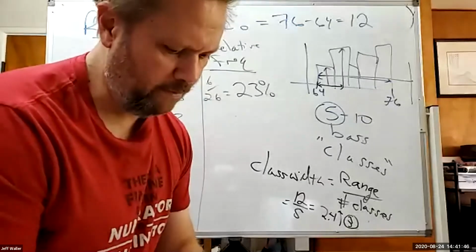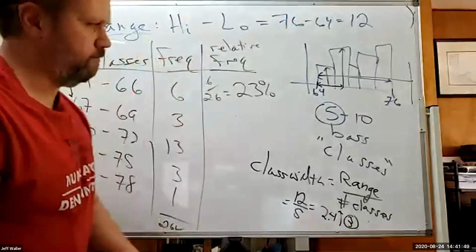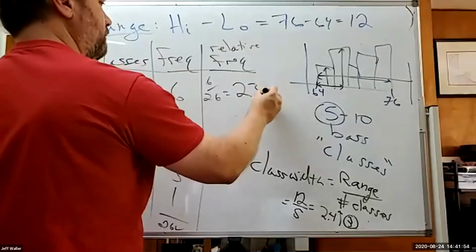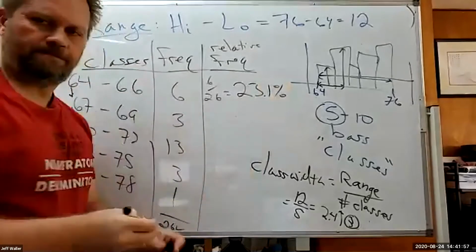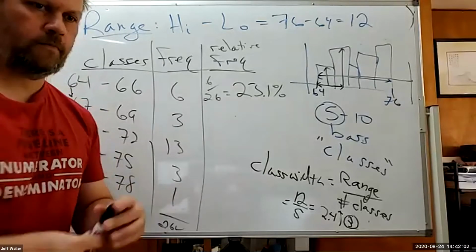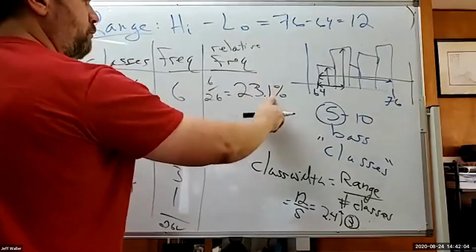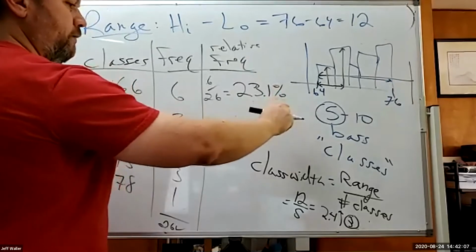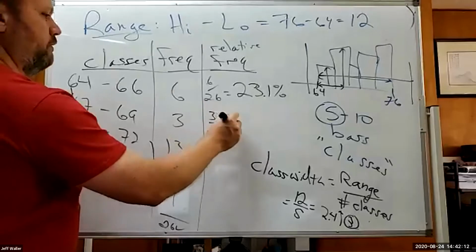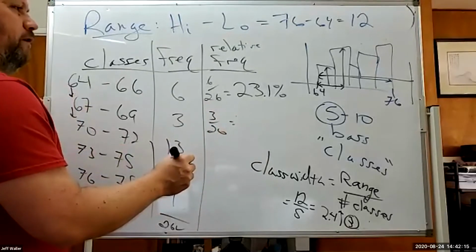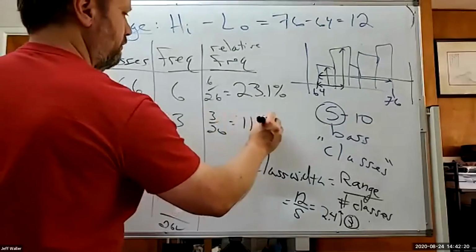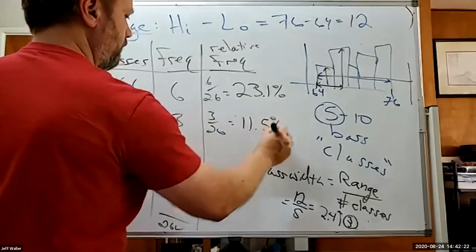So if you do 3 divided by 13, yes, okay, I like it. Now let's go one more decimal place. We're doing this by hand, so going more than one decimal place doesn't make any sense. And then 3 out of 26 would be 11.5.